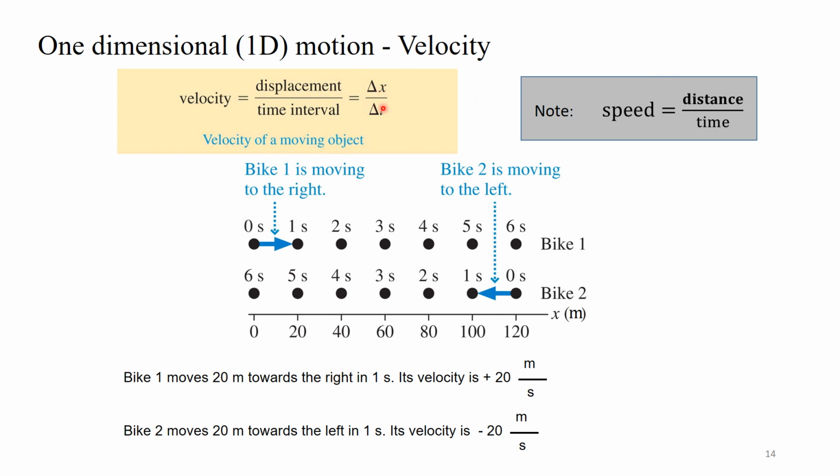So for now, let's put a note here that displacement gives you not just how far something travels, but also in which direction. Okay, so let's put a note here.